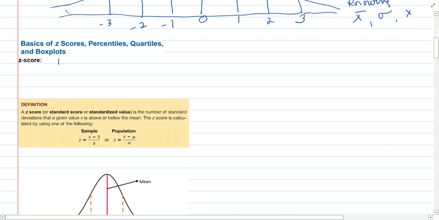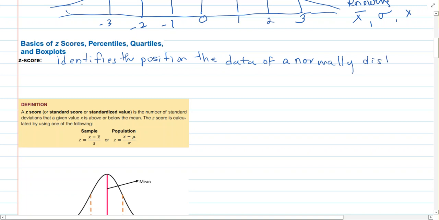A z-score identifies the position of the data of a normally distributed data set in terms of a single digit.